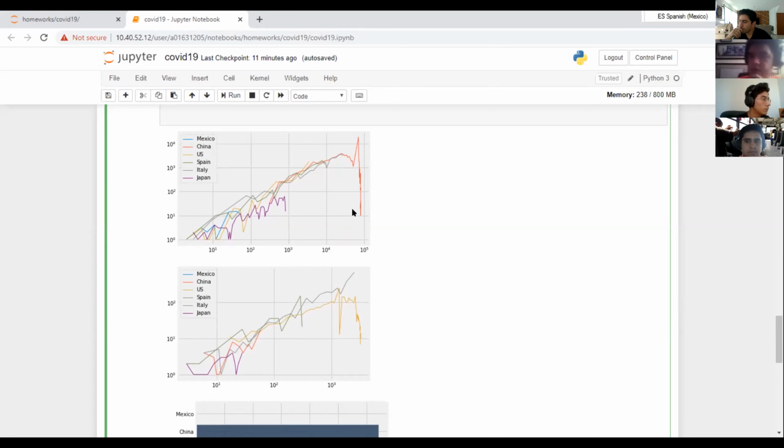Since the scale is logarithmic, even if the growth here seems linear, it really is exponential. It's only the way we are seeing it in the graph. So a drop doesn't mean that cases have stopped appearing altogether. It only means that it's no longer growing, it's stabilizing. The rate is reduced.